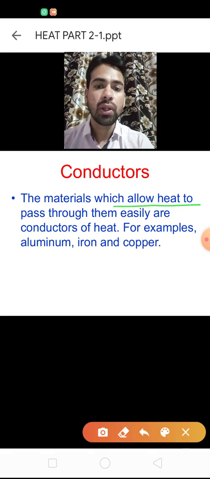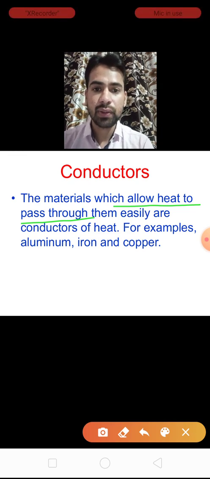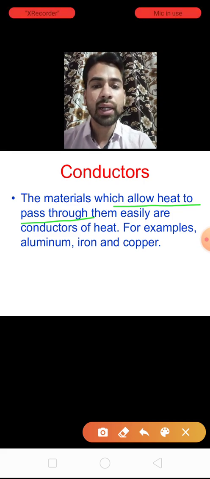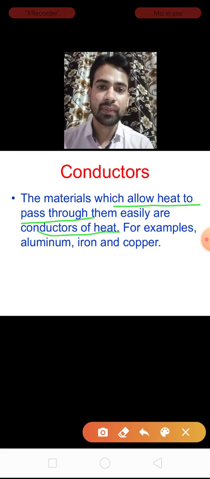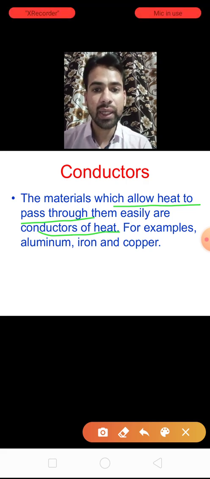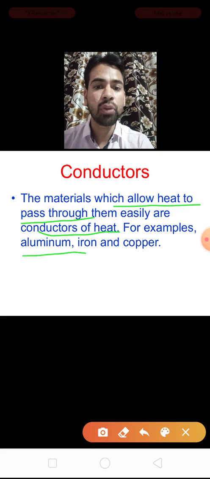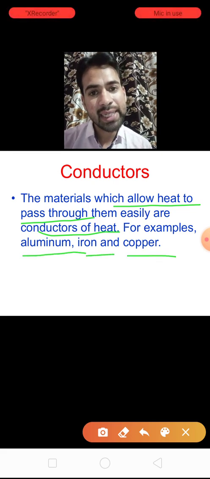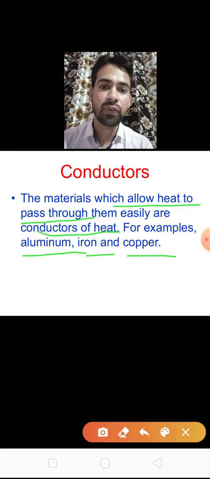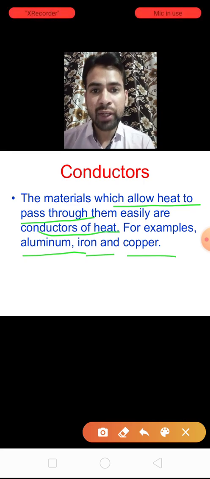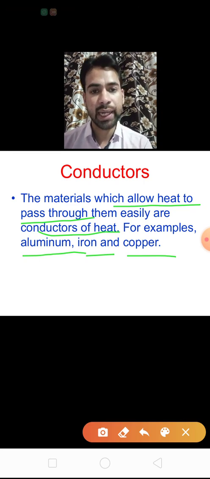Those materials which allow heat to pass through them easily are called conductors of heat. Like the rod we have taken in the activity, a rod of aluminium, iron or copper, in which heat can easily transfer from the hotter region to the colder region. So don't be confused between conduction and conductors.